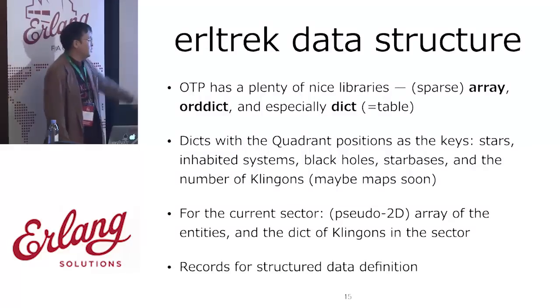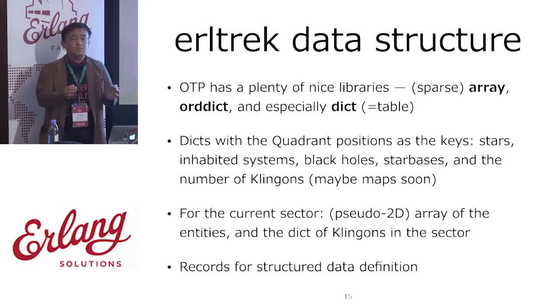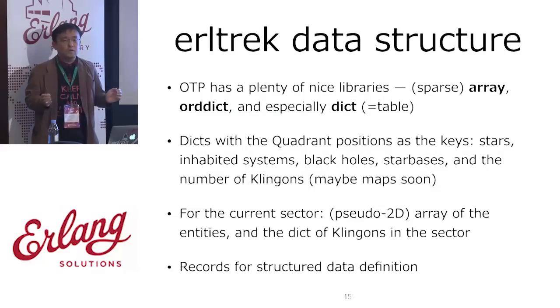And the current sector means the sector or quadrant where the Enterprise resides. I made an array, which is pseudo two-dimensional, meaning that the array itself is one-dimensional. So when you make it two-dimensional, if the array size is 8 by 8, with x and y, you make an array subscript or index of x times 8 plus y or something like that.